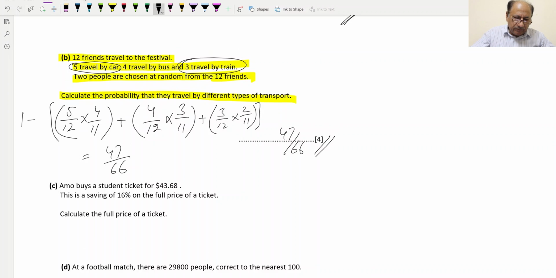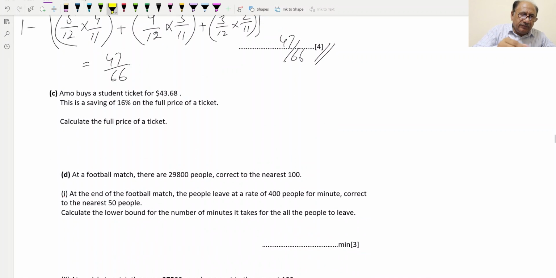Hopefully you understood this. Now for C part. C part says Amo buys a student ticket for 43.68. This is a saving of 16% of the full price of the ticket. Calculate the full price of the ticket. So it is a reverse percentage question. We don't know the original price.